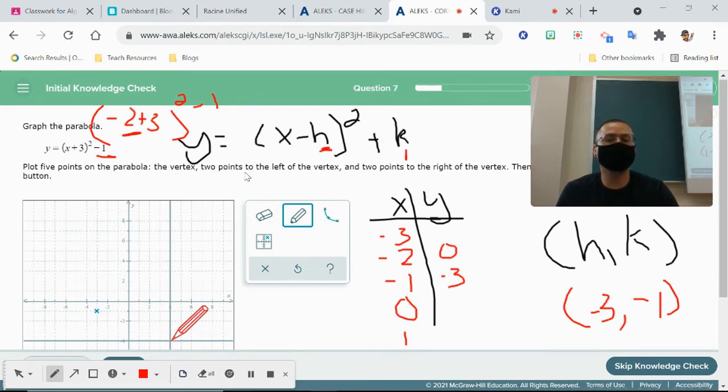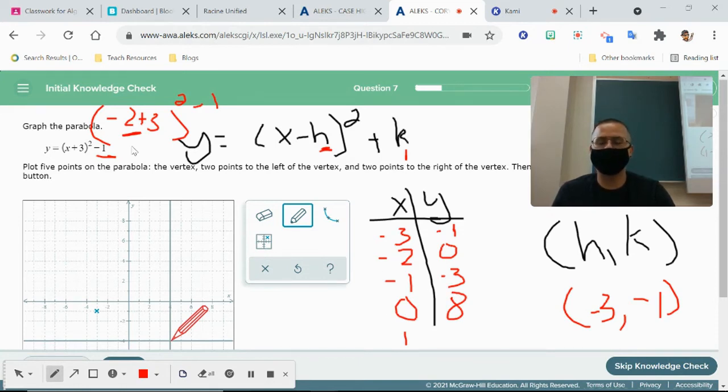So -3, you plug that in, you get -3 plus 3, you get 0. 0 times 0 is 0. 0 minus 1 is -1. We plug in a 0. We get 0 plus 3, which is 3. 3 times 3 is 9. 9 minus 1 is 8.